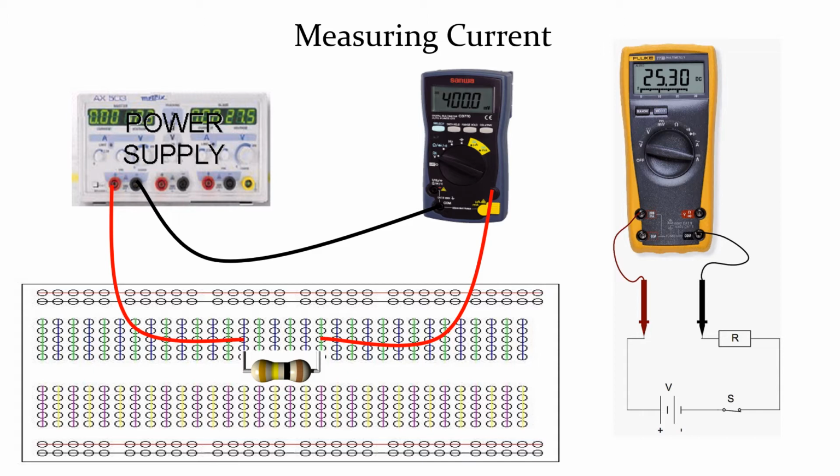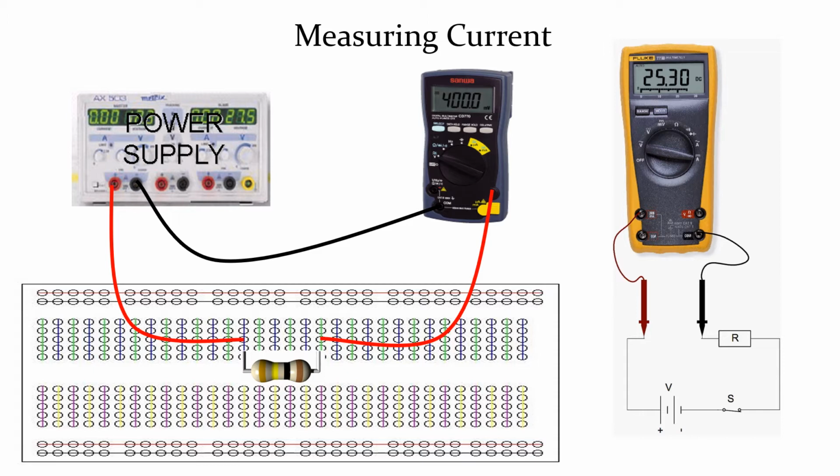This is how you measure current using the multimeter. You connect the positive terminal of the power supply to the resistor, and the other terminal of the resistance you connect to the positive terminal of the multimeter.